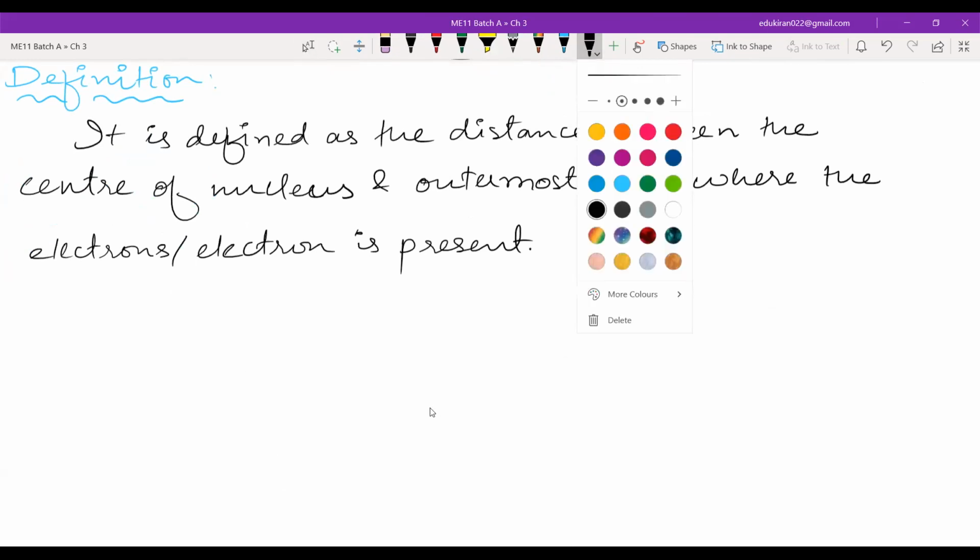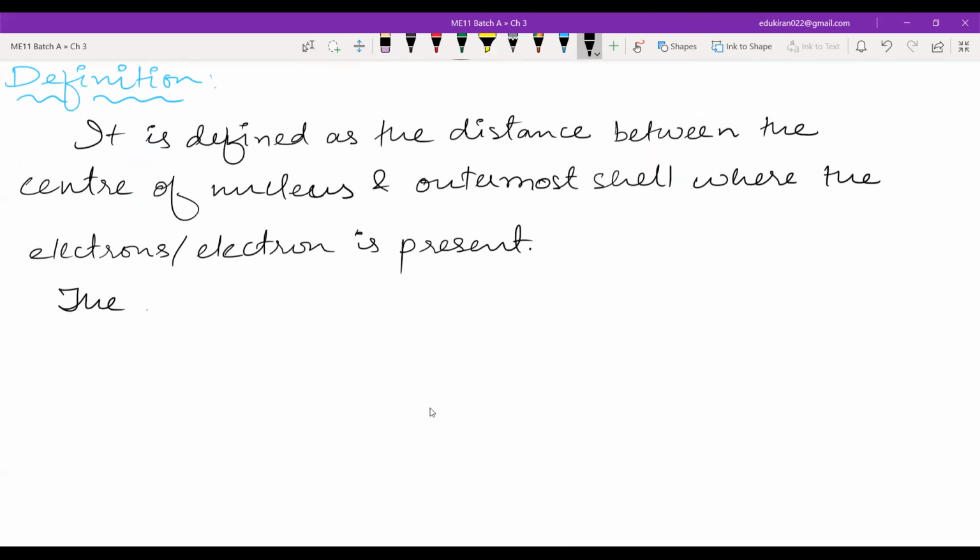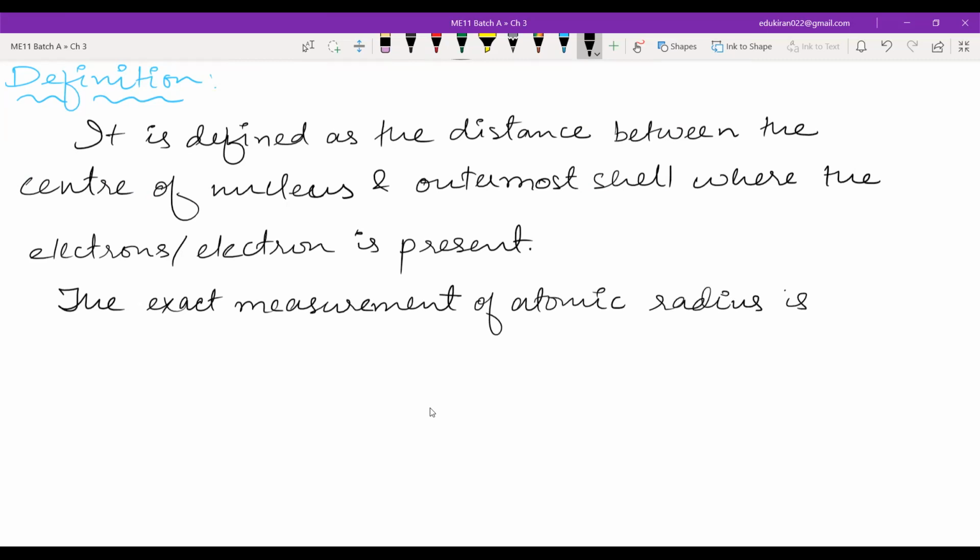So, next: the exact measurement of atomic radius is very difficult, due to the following reasons.